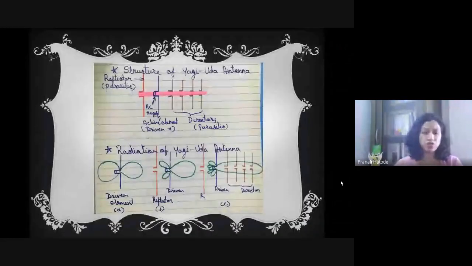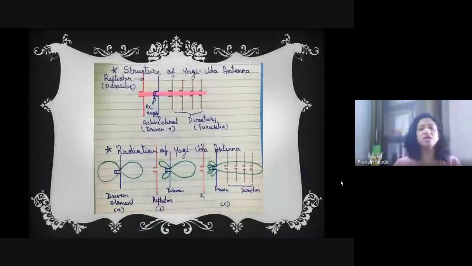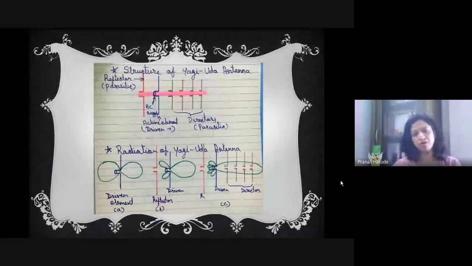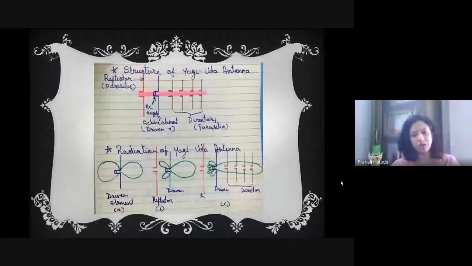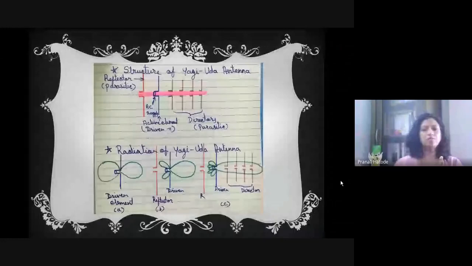The driven element is an active element, and because of the reflector, the radiation pattern I get is as shown in figure B. You can see in figure B the back lobe of the simple dipole has been suppressed and reflected to the front side of the driven element.